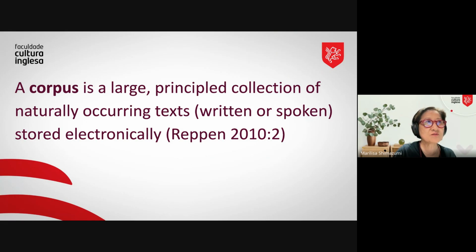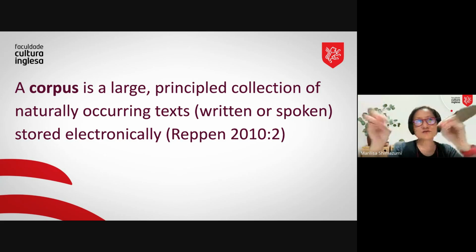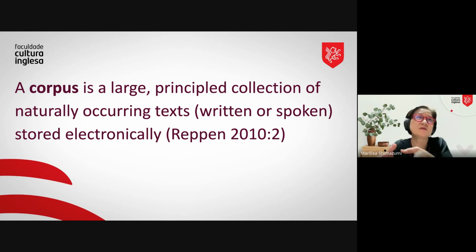Mind you, this word here, principled collection, is extremely important because it does not mean that you can start collecting texts from the internet at random. First of all, this collection of texts has to be relevant to your investigation, to your needs.